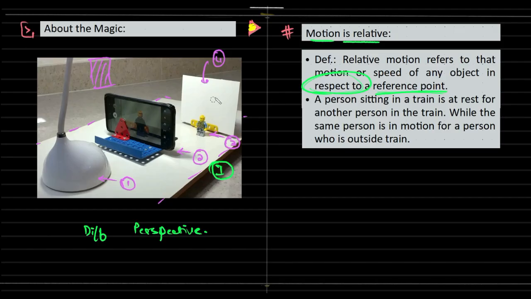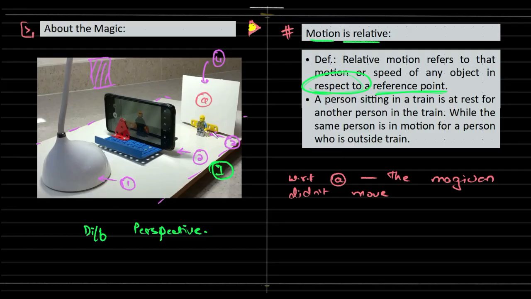With respect to, say, background number A, the magician did not move. Is it not? He did not move.